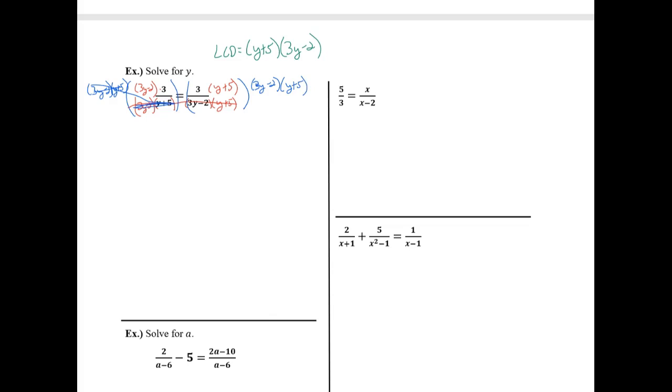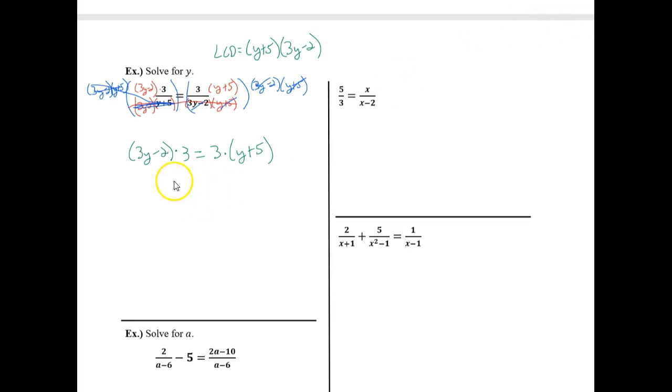Whatever I do to the left-hand side, I do to the right-hand side of the equal sign, and again, those denominators divide out. The only thing we're left with is the numerator. So in the numerator, I had 3y minus 2 times 3 on the left-hand side, and 3 times y plus 5 on the right-hand side.